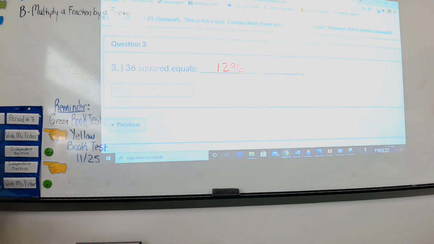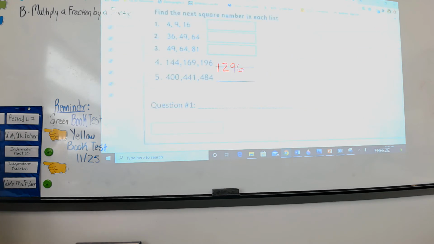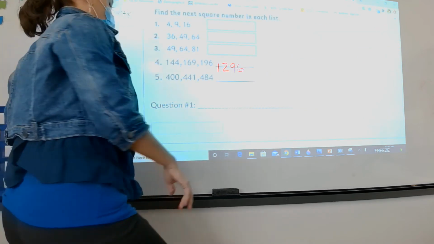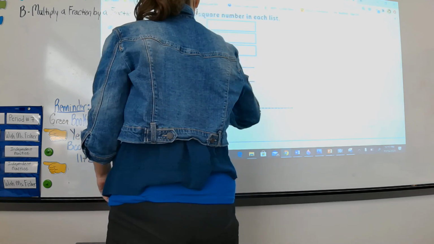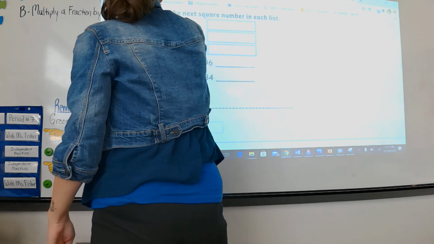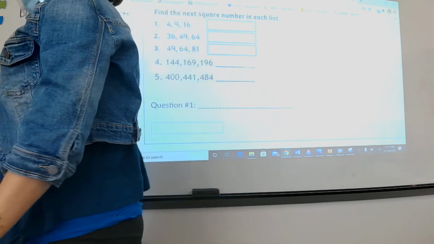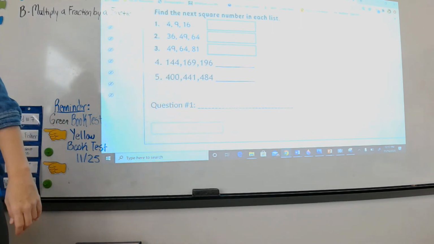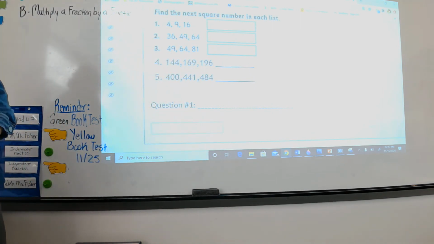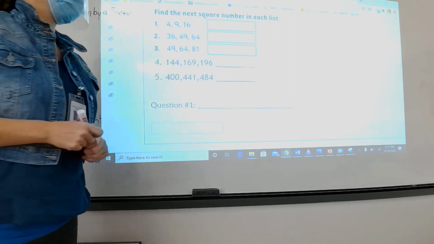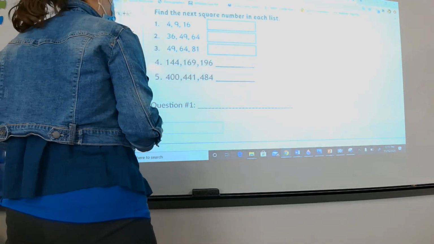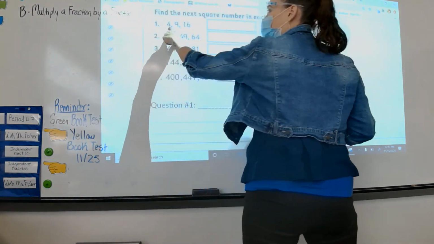Okay, so this is our second practice. Alright, so this one's the one where we gotta use a little bit of thinking. Remember, it says find the next square number. So you're thinking to yourself, how did I get 4?